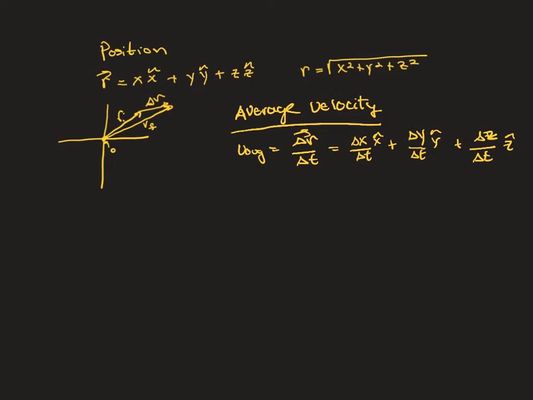So you would end up with an x component, a y component, and then a z component to your velocity, which then you would need to actually find magnitude, use Pythagorean's theorem.